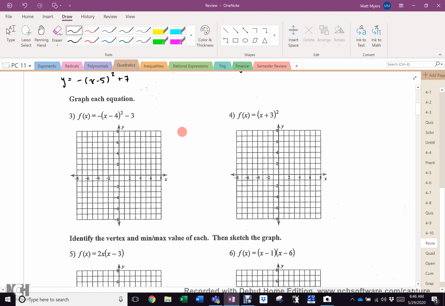Graph each equation, also for 2 marks each. Graph them. So, vertex is at positive 4, negative 3. So right there. It's a negative, so it's got to go downwards. The A is 1, so I go over 1, down 1, over 2, down 4.